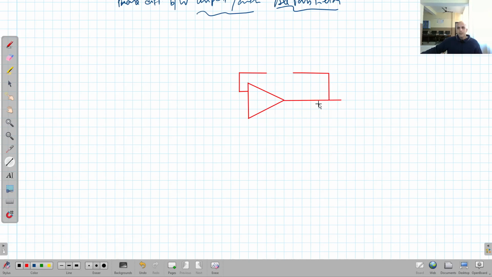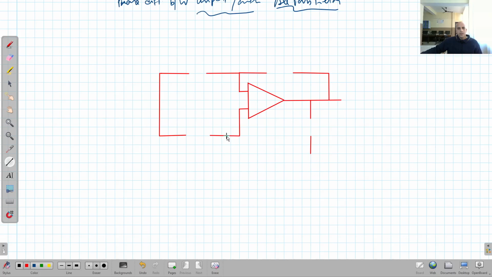Here you can have the load resistor. This is the second terminal here.